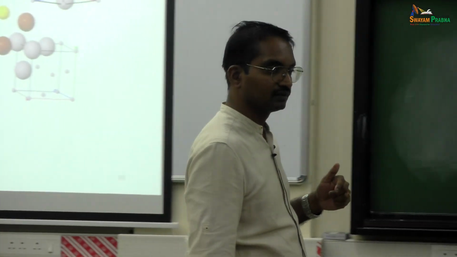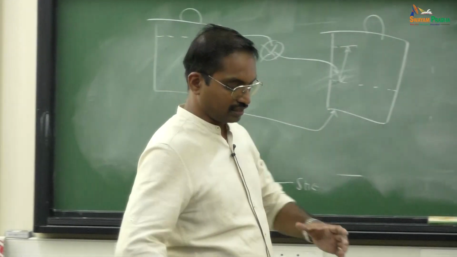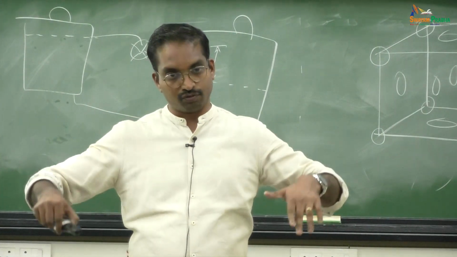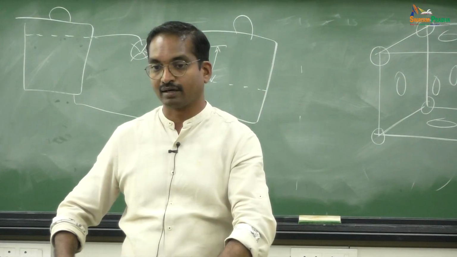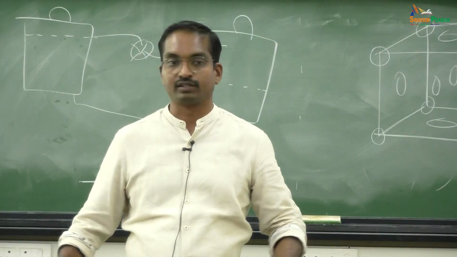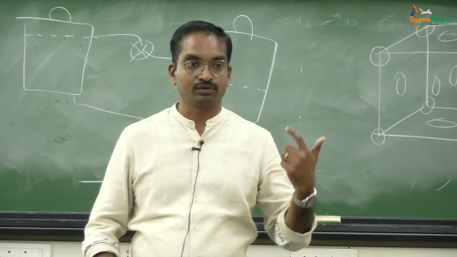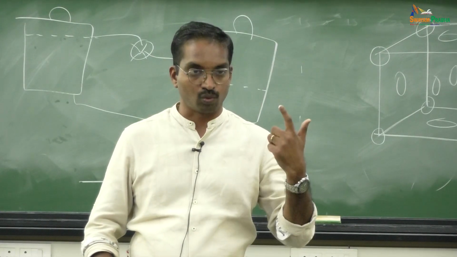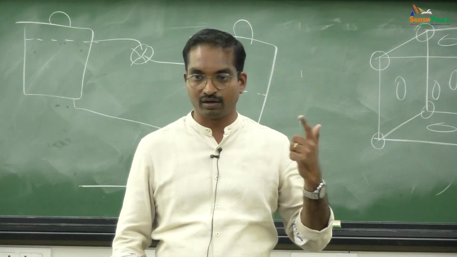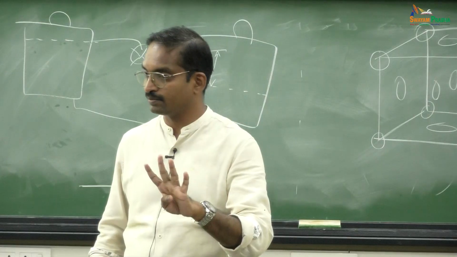Everybody agree? Yes. Because there will be 4 cubes at the bottom, and on top of that you can put 4 more cubes. So the atom in the corner will be shared by all these 8 cubes. Therefore 1/8. There are 8 corner atoms, and 1/8 times 8 is 1. So you get 3 from the face centers and 1 from the corners. Totally 4 atoms belong to this unit cell.